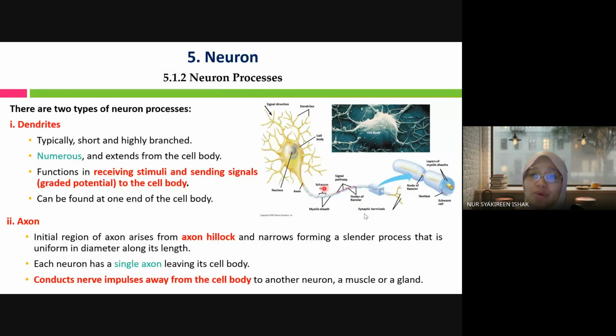If the neuron connects with a muscle cell, it will cause the muscle cell to contract. If it connects with another neuron, it will cause transmission of impulse to the next neuron. And if it connects with glands such as an endocrine gland, it can cause the endocrine gland to secrete hormones. So that is the axon part.